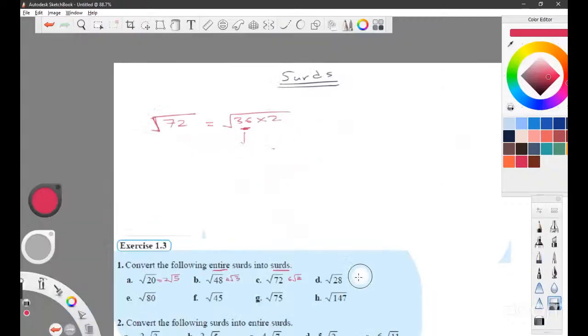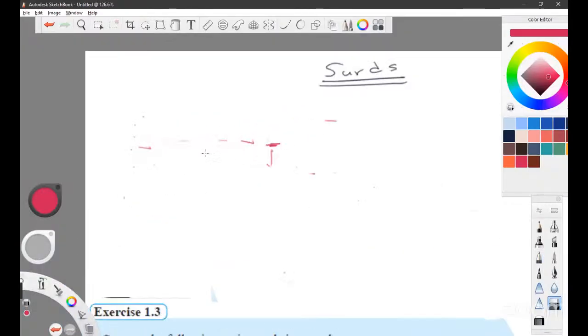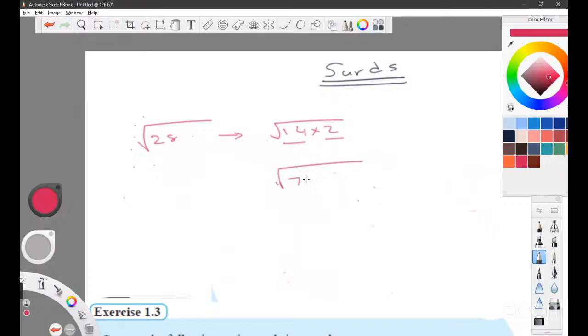Then what about square root 28? 28 makes 14 times 2. You don't get any perfect square numbers. 14 and 2 aren't perfect square numbers. If you go further, you can go 7 times 2 times 2.